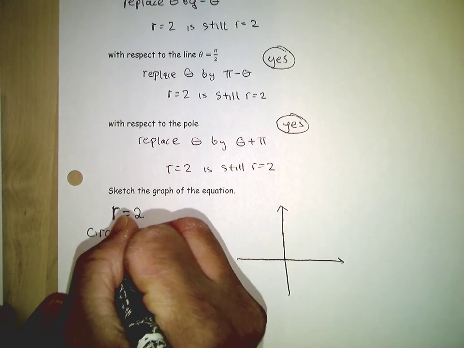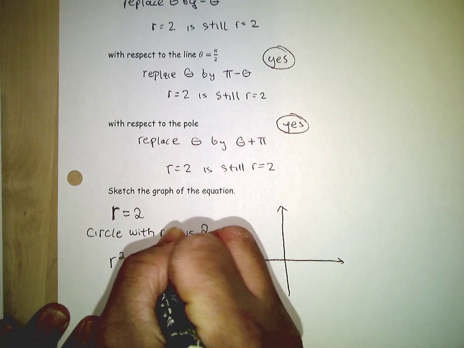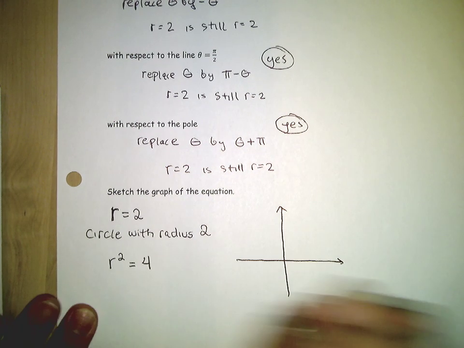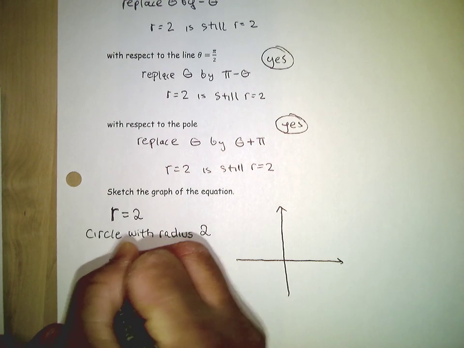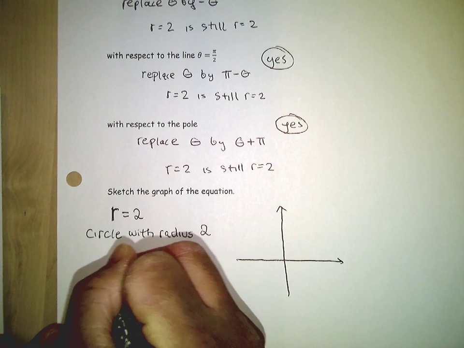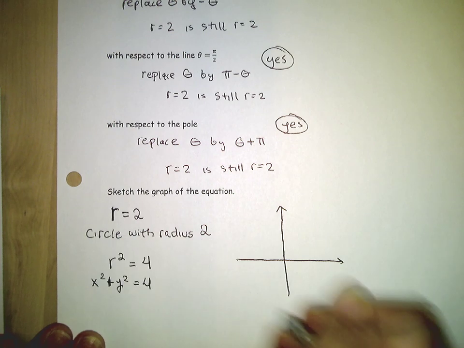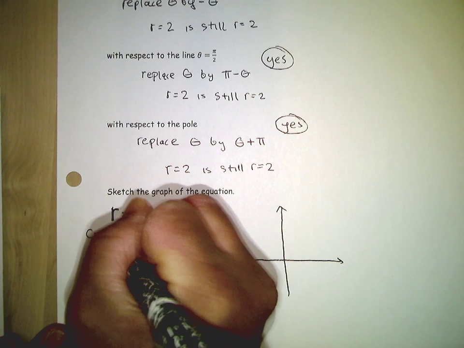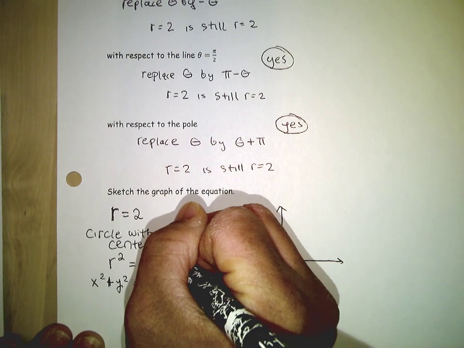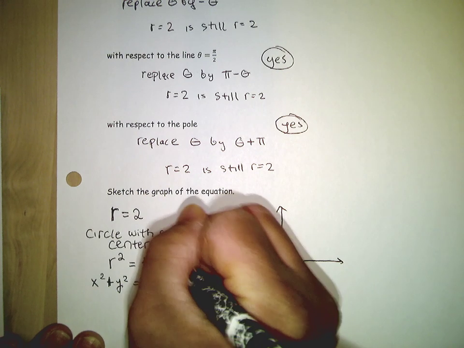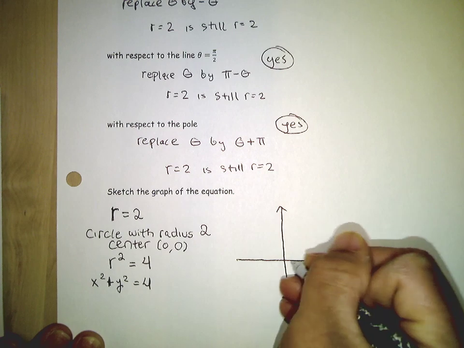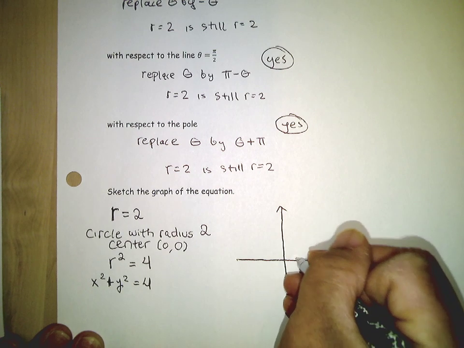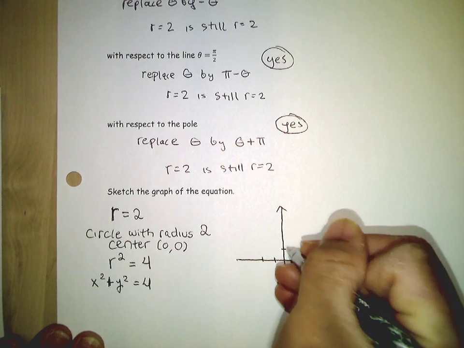So again, if you didn't remember this, you could square each side to get r squared is 4, but r squared is x squared plus y squared, so x squared plus y squared is 4. All right, so it's a circle with radius of 2 and a center at the pole, at 0, 0. So here, and radius 2.